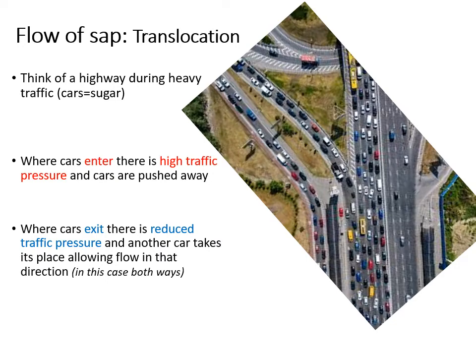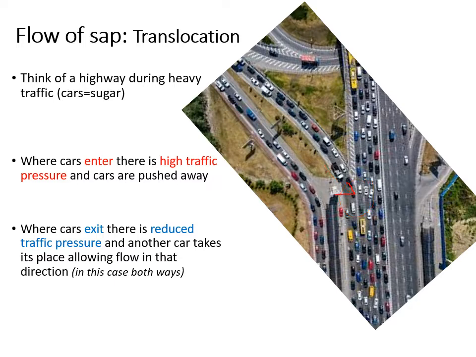So here, let's say this could be an on-ramp or it could be an off-ramp. It doesn't matter. But the point is, where the cars are entering or exiting the highway, we have a spot that is either taken up or something is squeezed in, creating pressure. Okay?